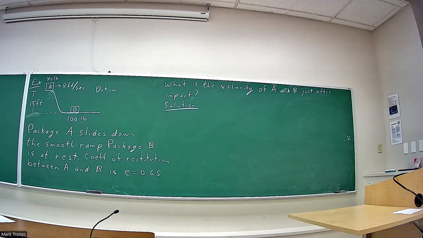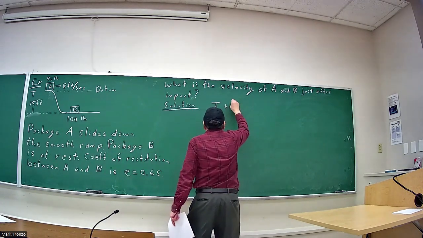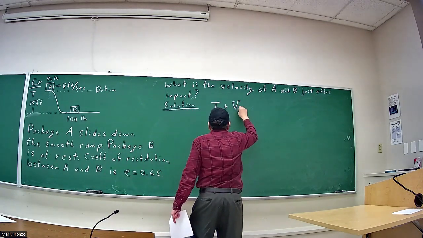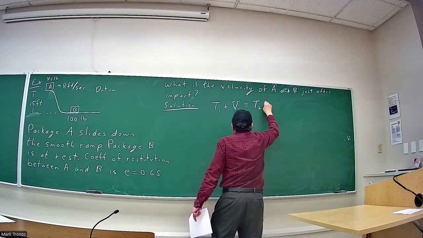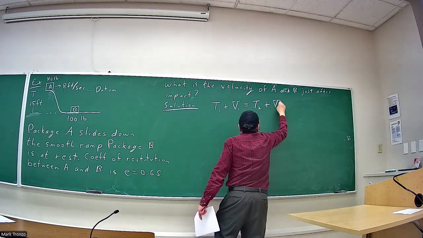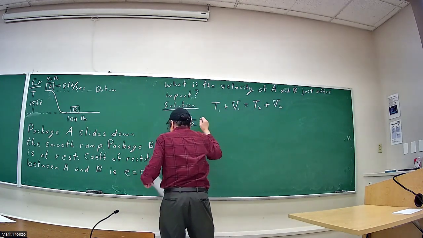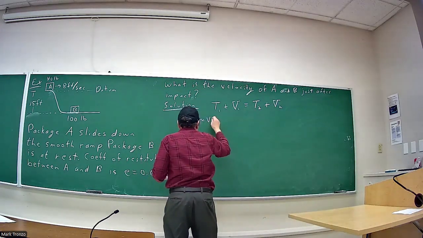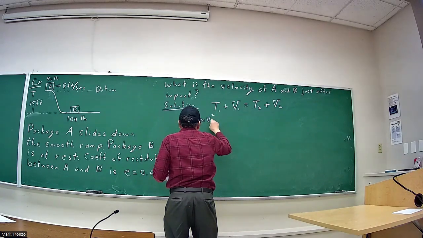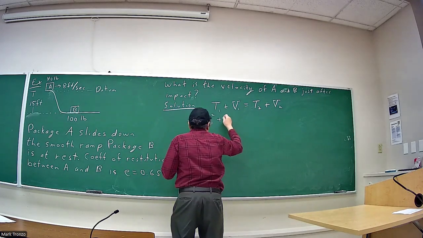And let's put our values in. So again, remember our equation for conservation of energy. T1 kinetic energy plus V1 potential energy equals T2 kinetic plus V2 potential. Again, this is going to be 1/2 m v initial squared plus the potential energy.